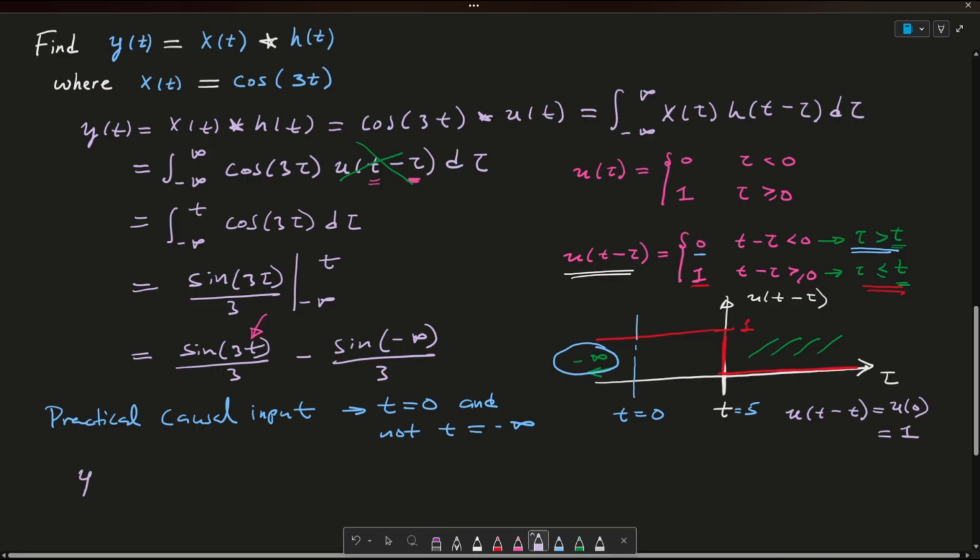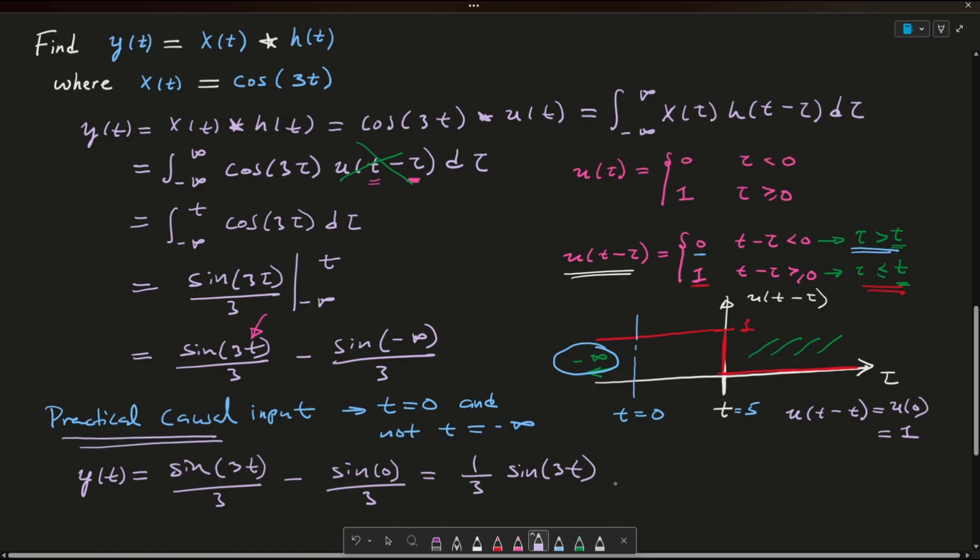So in that case, I can say that y of t is equated to sine of 3t over 3 minus sine of 0 over 3, or simply 1 over 3 sine of 3t. So in this example here, where we take a practical causal input, this here is my solution.